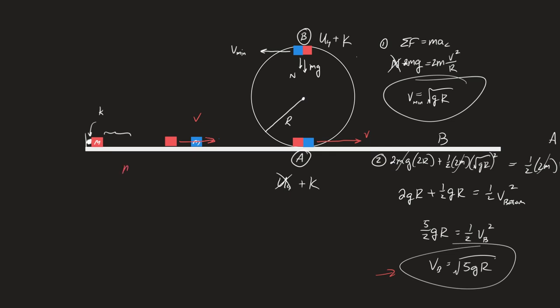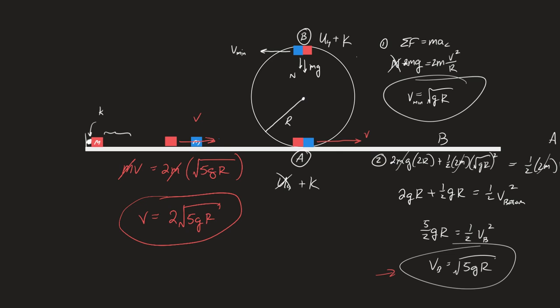So before the collision, mv. After the collision, 2m times the square root of 5gr. There's no way to make this neater. Cancel the m's, and the velocity's got to be twice as big before the collision because tons of energy is lost during that collision.